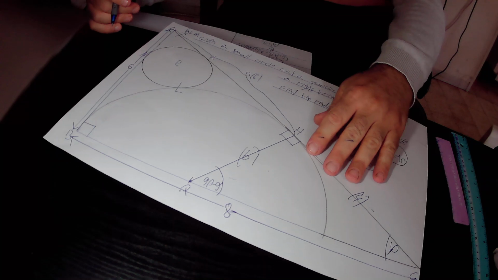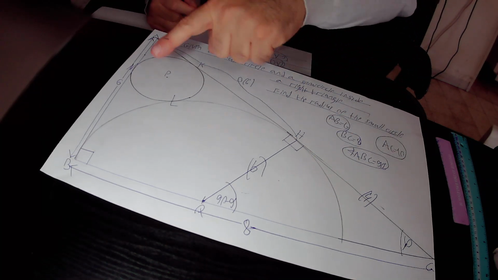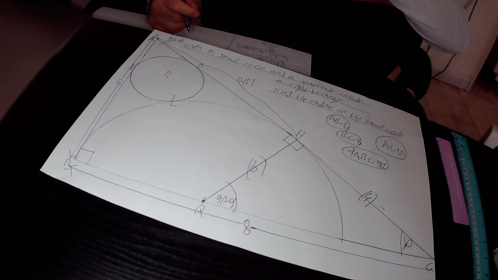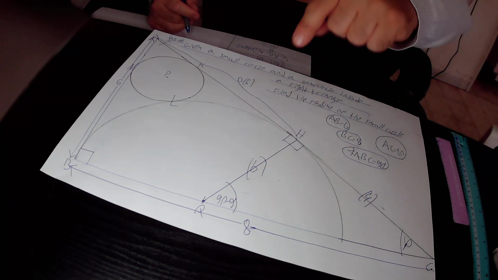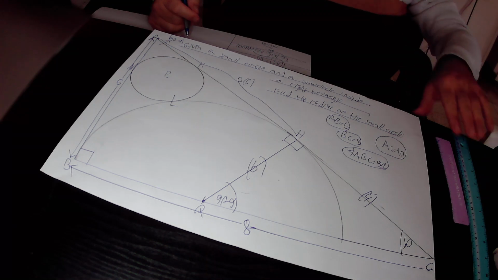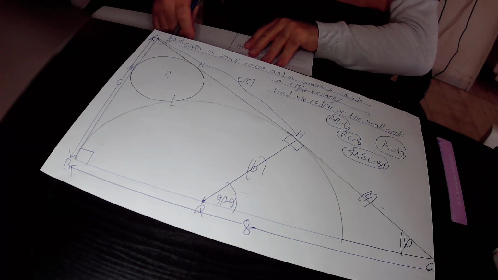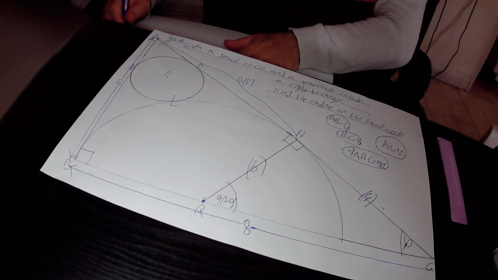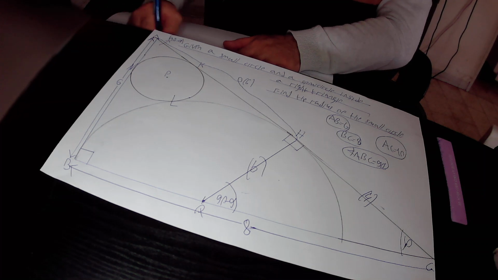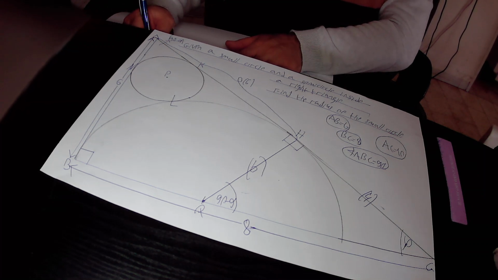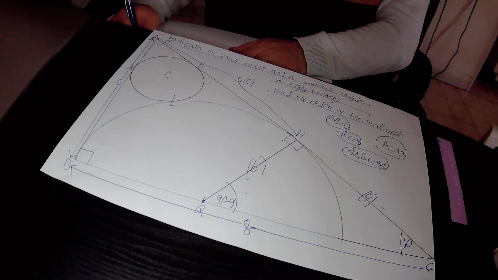In the next step, we will prove that the right big triangle, triangle ABC, is similar to this right small triangle, triangle HQC. So I write it down. We'll prove that the right big triangle ABC is similar to the right small triangle HCQ.